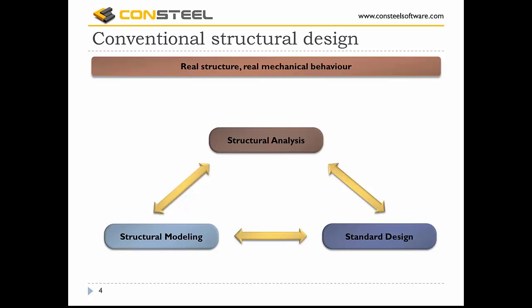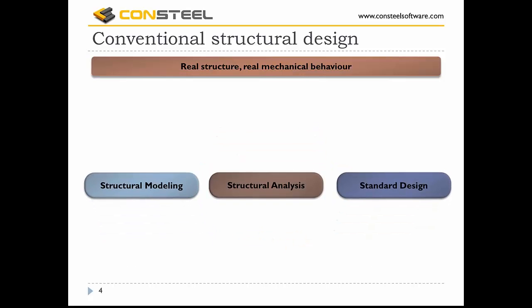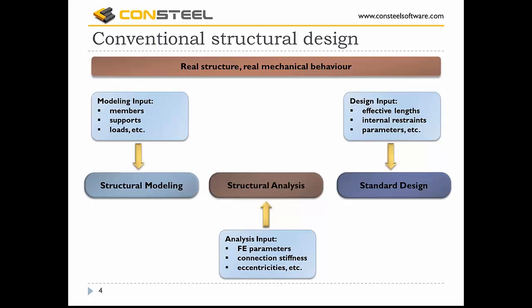So in the conventional way of structural design, these three activities follow each other, starting with modeling, then analysis and design. Usually these three activities are separated. So first we build the model, making the modeling inputs: members, supports, loads. Then if we have a model, we perform the analysis separately.